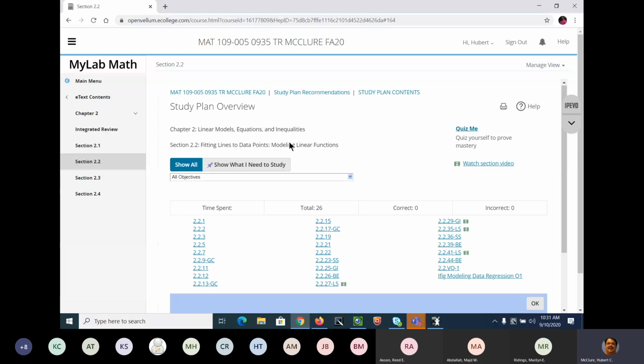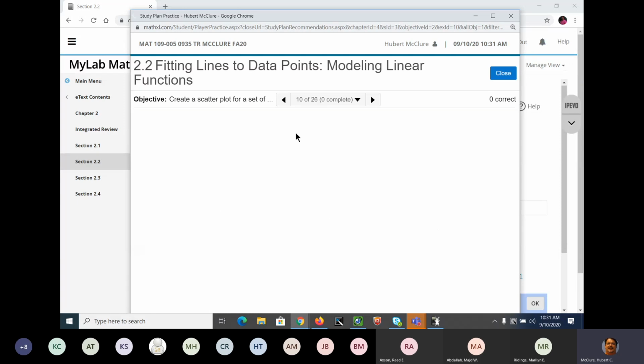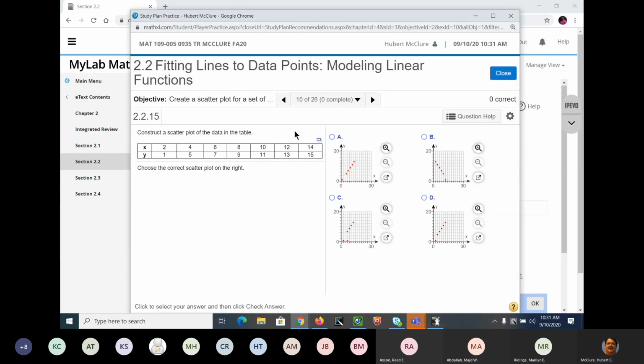Because I'm just going to show you how to do it on both the Excel spreadsheet and the calculator. So once I find a good test question in the study plan, I'll tell you this is what 2.2 is. Okay, is this a straight line? I hope it's not. 2, 1, 4, 5. Well, this is as good as any.